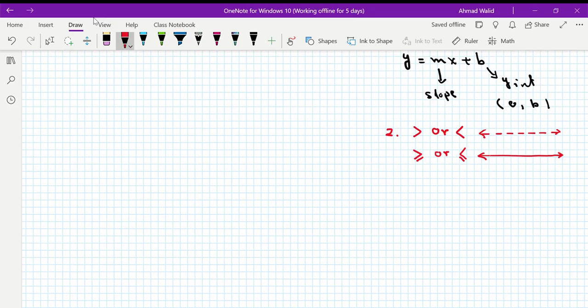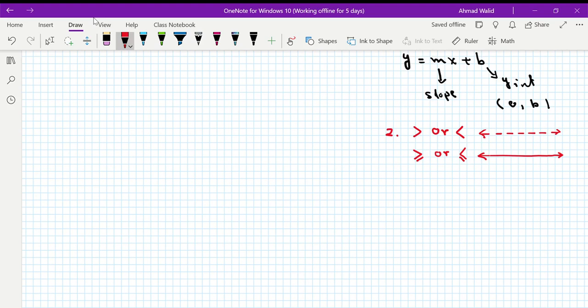If you solve a linear inequality on the test day and it's multiple choice, the same line will be given to you as a dash line, and also the same answer will be given to you as a solid line. Which one is correct? And you say, oh, it doesn't matter, let me choose the solid line.